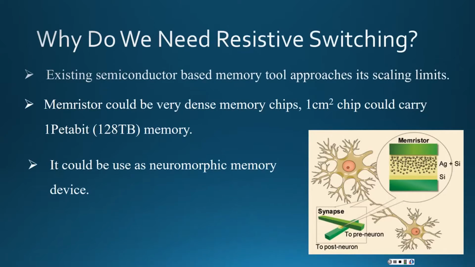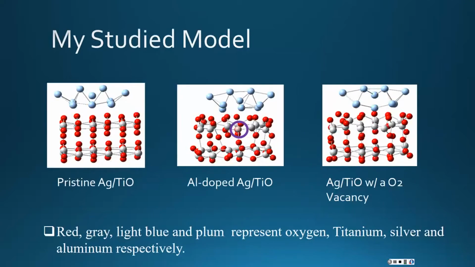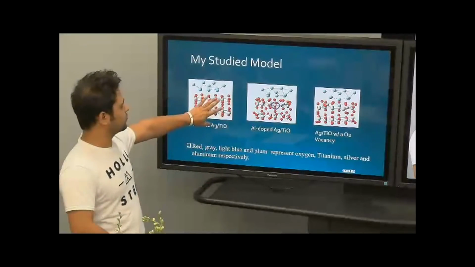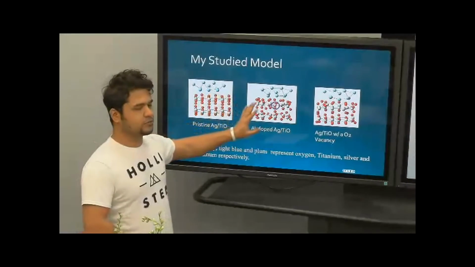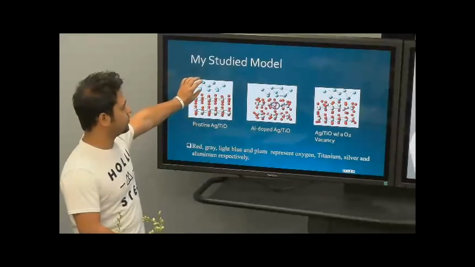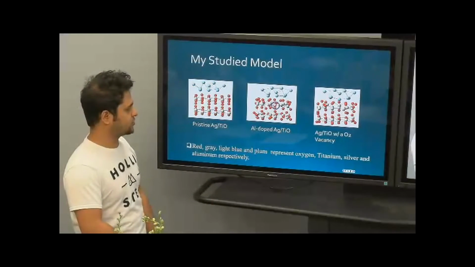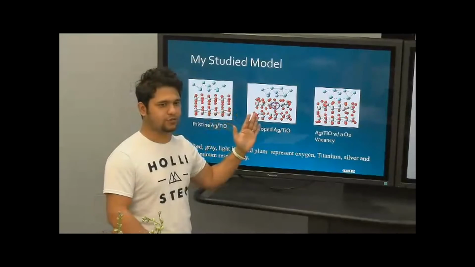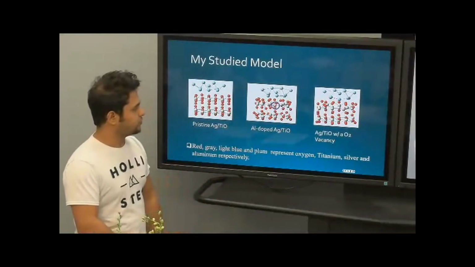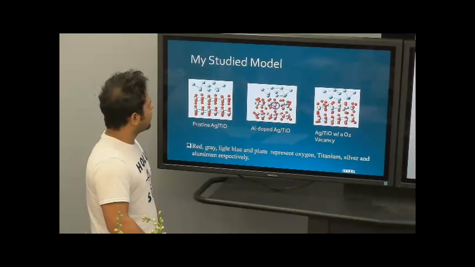To do this, I considered my models. In my models, I am considering one titanium oxide layer with one metal layer on top of it to study these properties. I studied this system in bulk using this methodology.